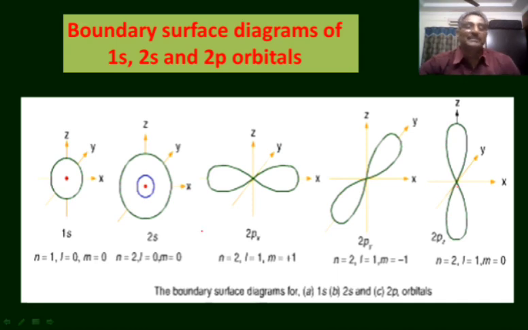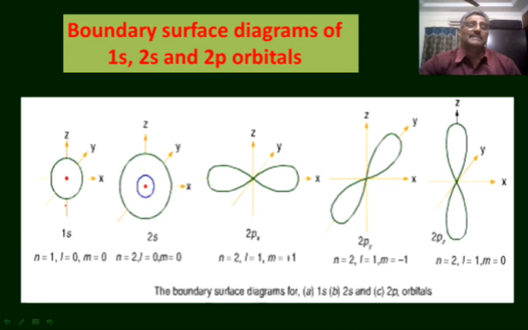Here the shape of the orbital mainly depends on the azimuthal quantum number, that is the L value. N represents the size of the orbital or energy of the orbital. You know that as the size of the orbital increases, the energy associated with the orbital also increases.